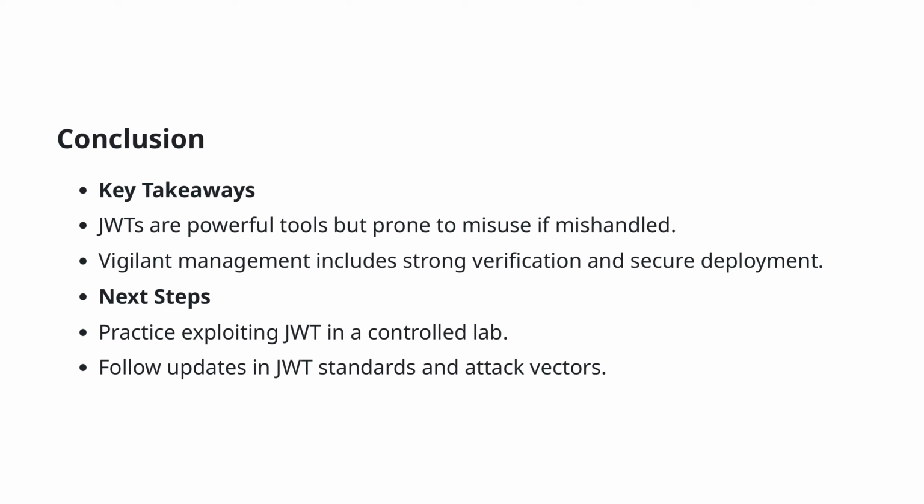As for the next steps, it is recommended to practice exploiting JWTs within a controlled lab environment to better understand potential vulnerabilities. Additionally, keeping up with the latest updates in JWT standards and understanding evolving attack vectors will enhance your ability to mitigate risks effectively. This approach will ensure that your JWT implementation remains robust and secure.